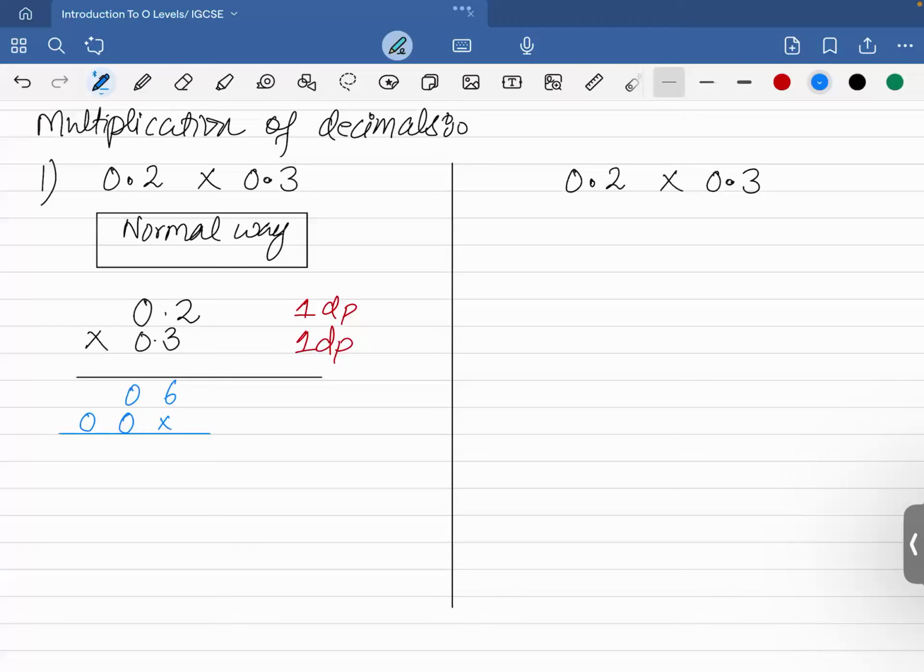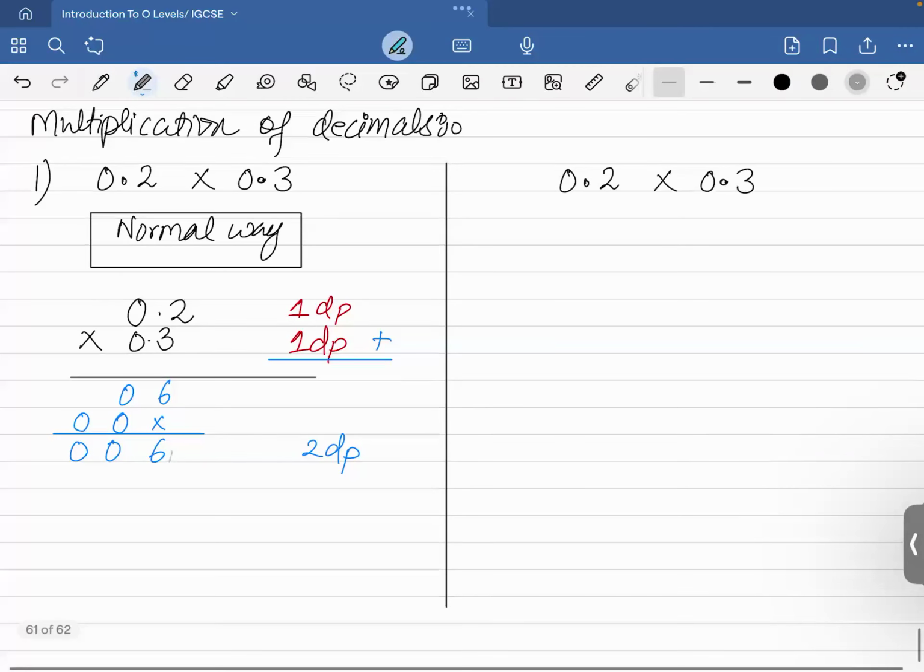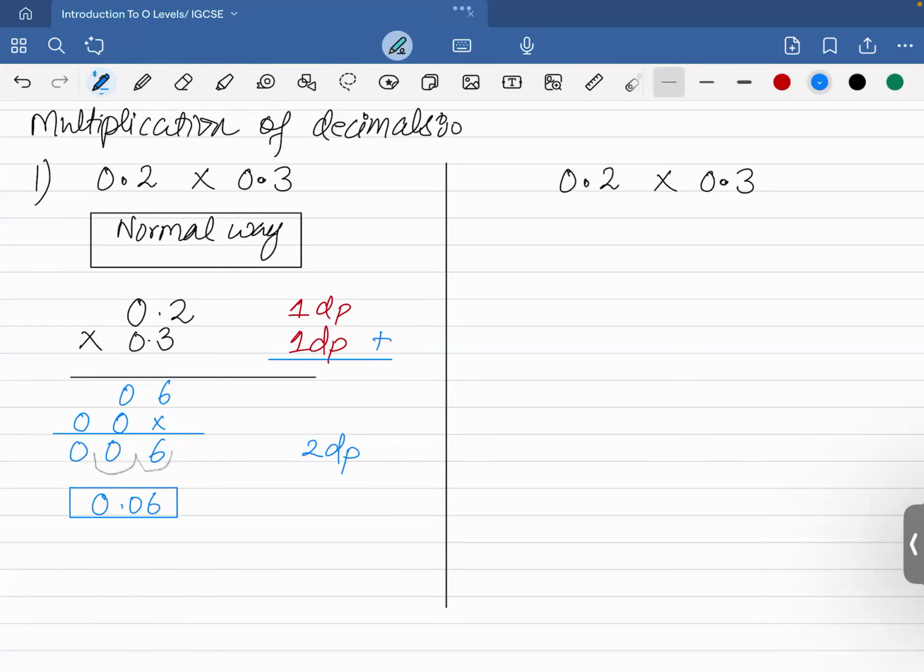You got something like 600. And you know that 1 plus 1 is 2 decimal places. Do you agree with me or not? Yes sir. Two decimal places means the point will take 2 jumps. So the answer would be 0.06. Agree or not? Understood?